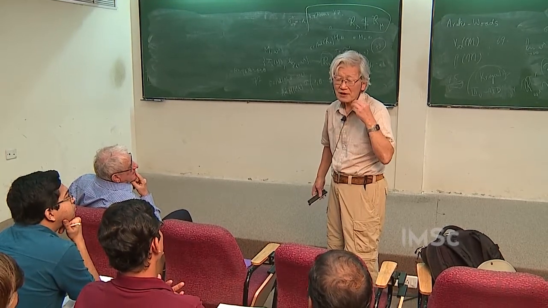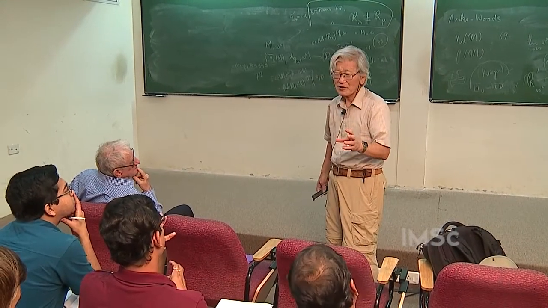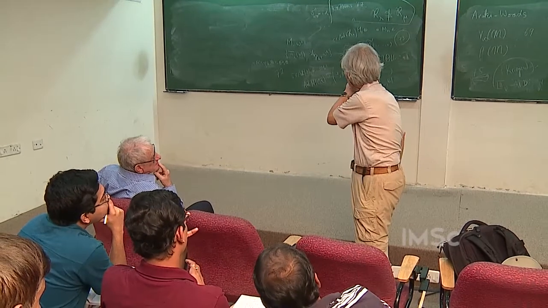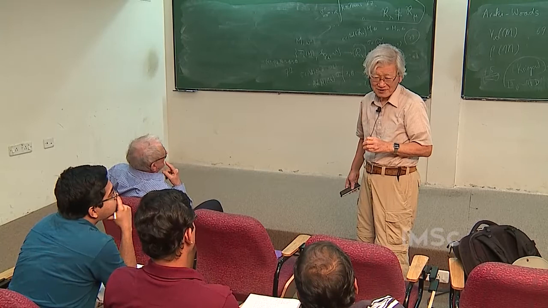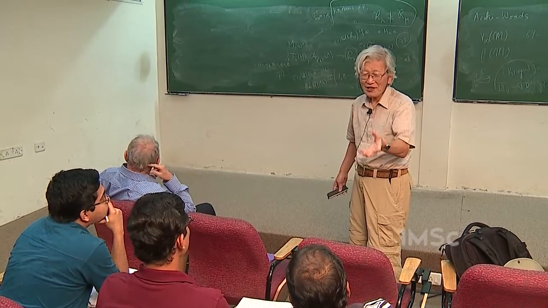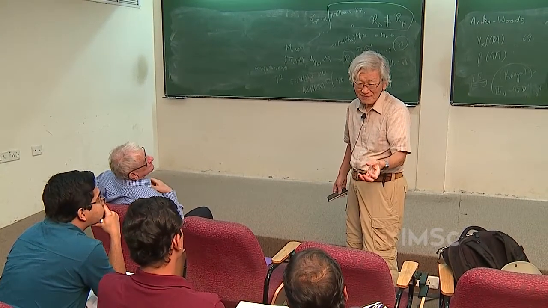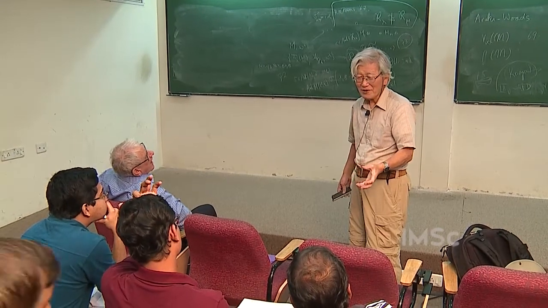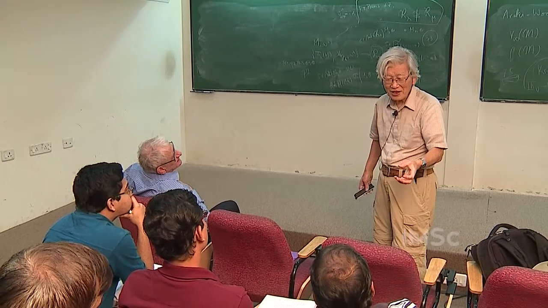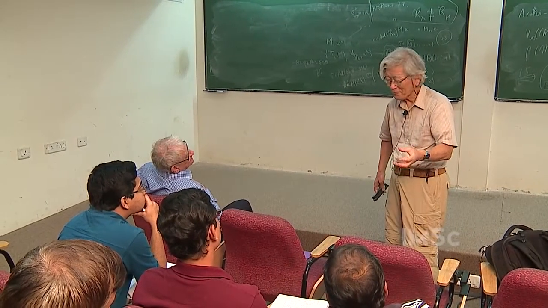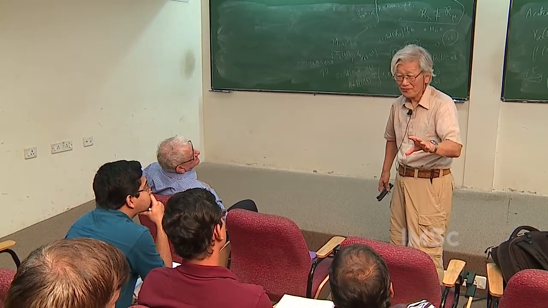He was Arthur Wightman's student, and he did it for his thesis. When he arrived at the University of Pennsylvania, Sakai was so surprised that Powers actually knew nothing about the Tomita-Takesaki theory at that time.